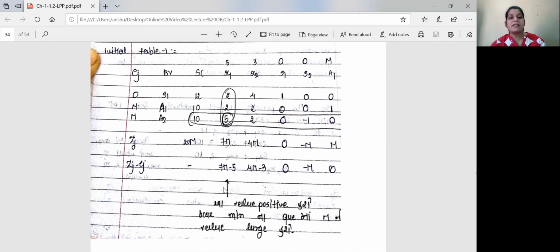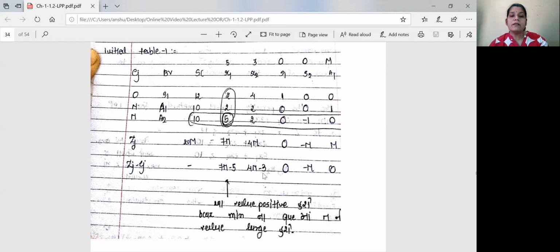And if our Zj minus Cj is greater than or equal to 0 and our question is in minimization form, then which variable enters? The largest positive value. So our 7M minus 5 and 4M minus 3, both numbers are positive because M is a very large quantity, a large penalty.